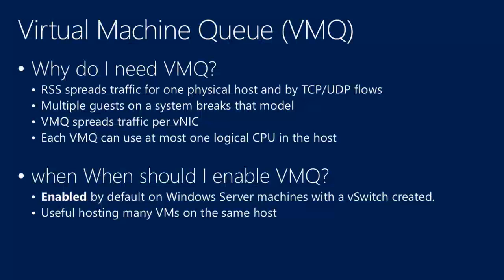But if there's a vSwitch bound to it, VMQ has taken over. That's something you've got to keep in the back of your head that hasn't been fixed. I know it's deceiving, but it's just in the way that RSS is still enabled per se. It's the filter that gets changed on the NIC. So now instead of having a filter for the 4 tuple, the filter is now the destination MAC address.